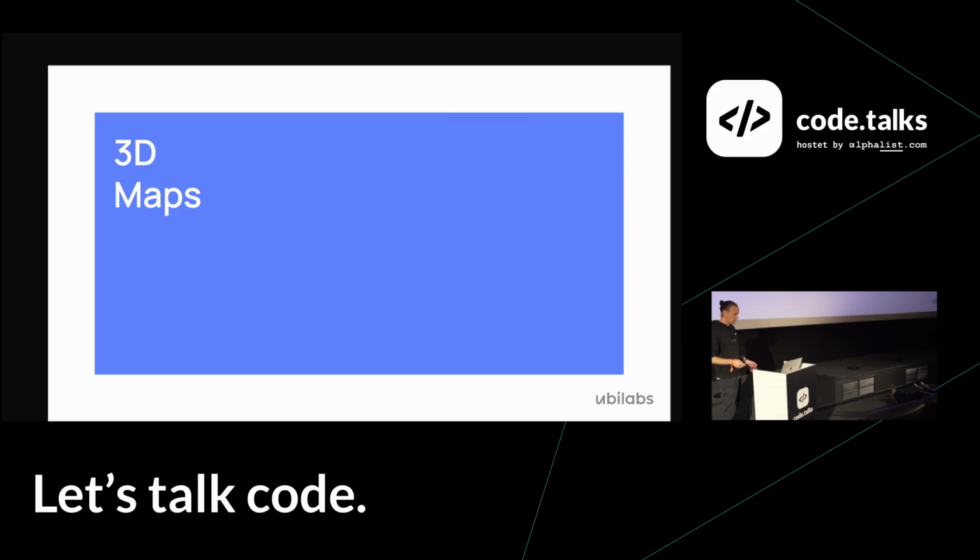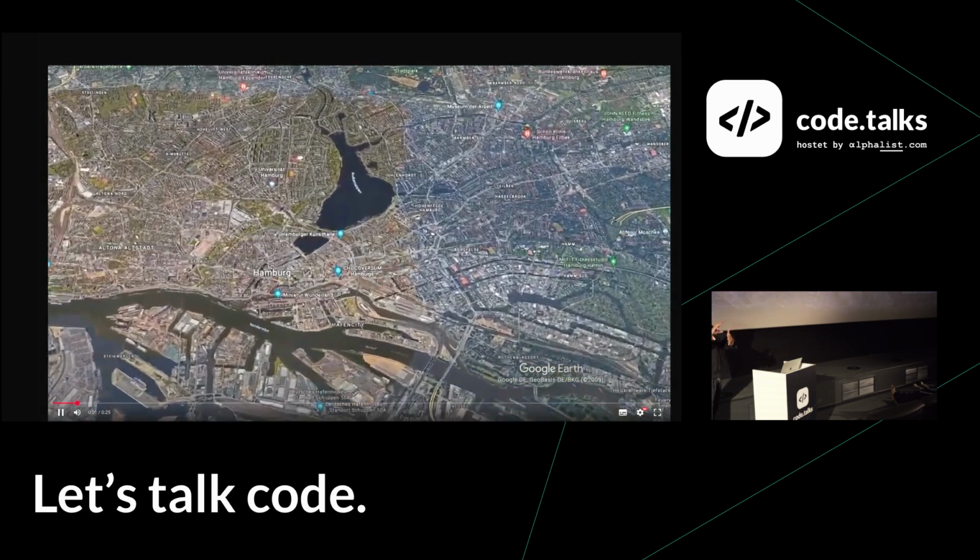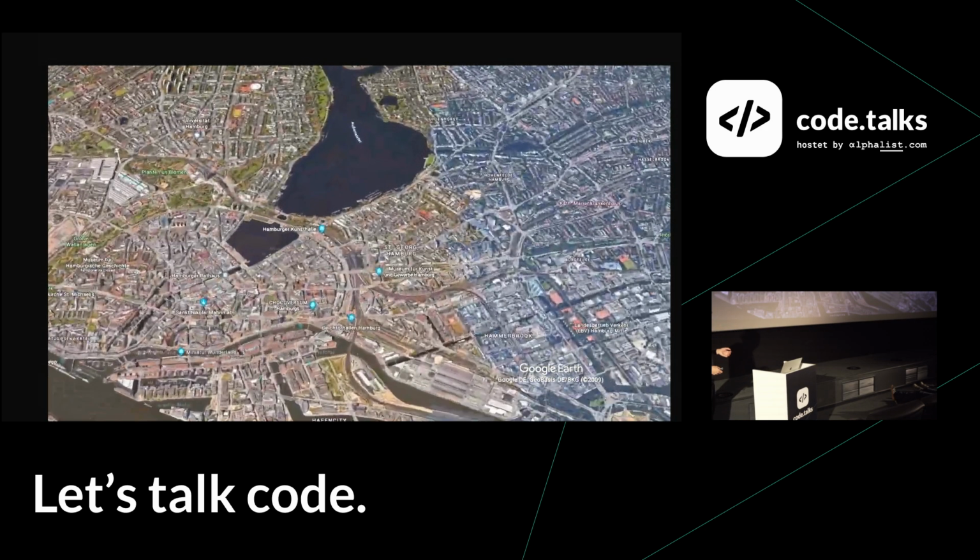Another big thing that's also in GA since last week, 2 weeks ago, something like that. It's the 3D maps that you might know from Google Earth. So in Google Earth, you can zoom into any place.